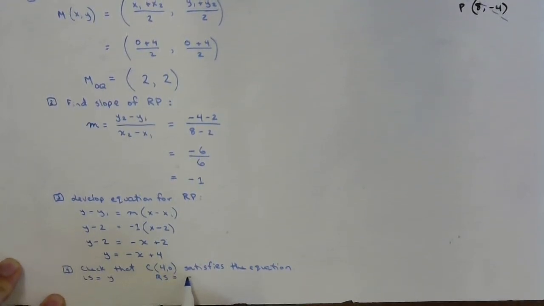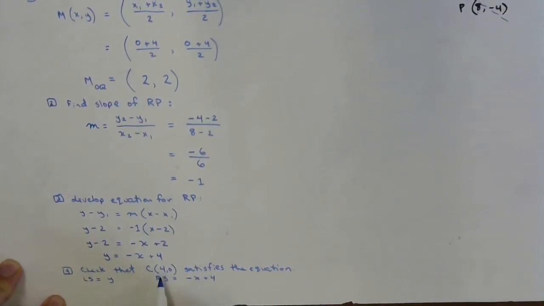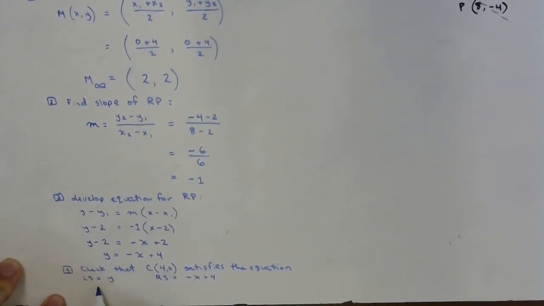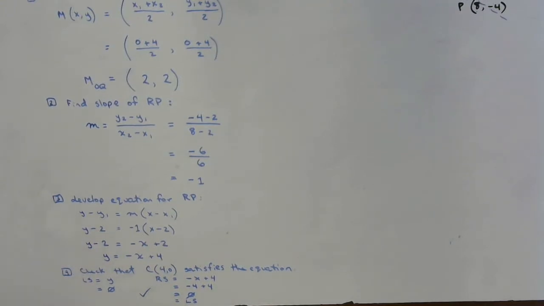Right side, negative x plus 4. Sub in the point 4, 0. Okay, y is 0. Right side, negative x plus 4. That's negative 4 plus 4 equals 0, which equals left side. Cha-ching. So it does satisfy the equation for that median.